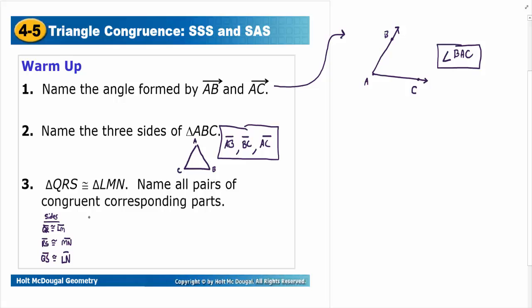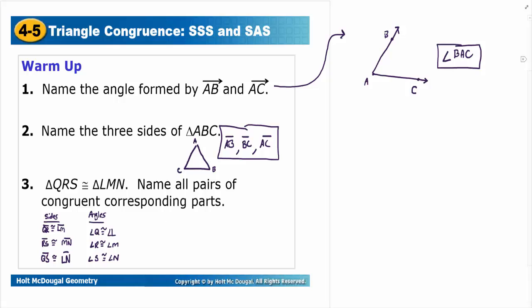So those are your sides, and then your angles go pretty quick. Your angles are, again, just angle Q, which is congruent to angle L, angle R, which is congruent to angle M, and angle S, which is congruent to angle N. So those are your congruent sides, your congruent angles, those are your congruent parts.